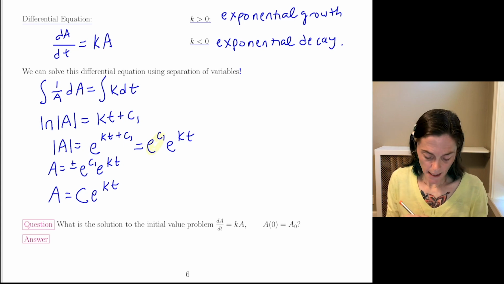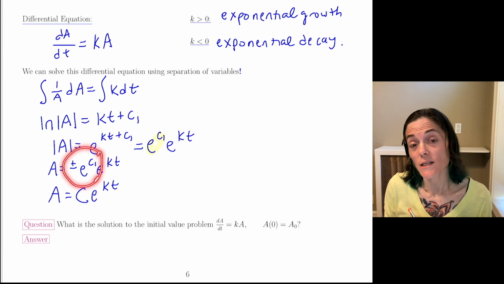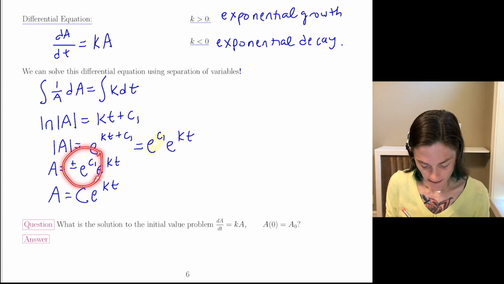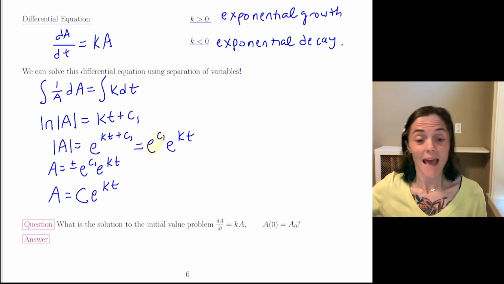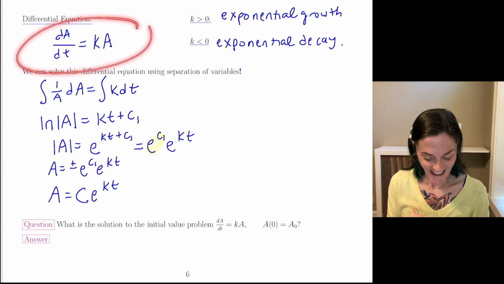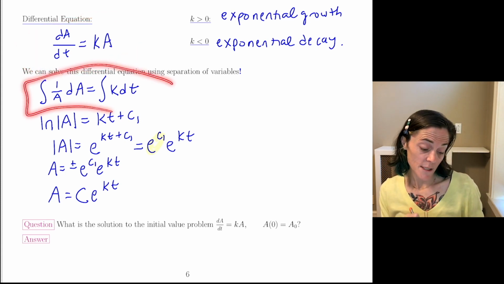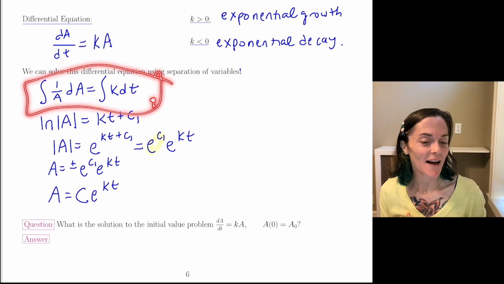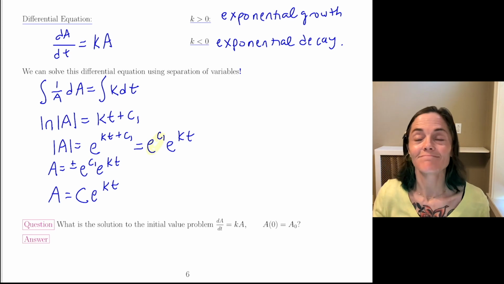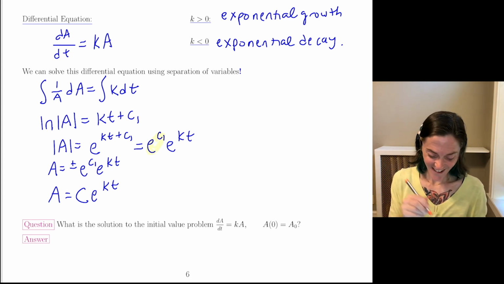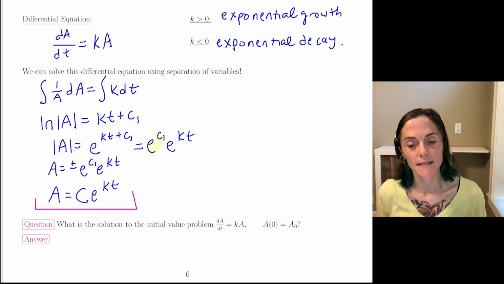Now, technically, staring at this, we could get all possible positive and negative constants in C, but you notice that the constant solution, A equals 0, staring at this differential equation, is also a solution. And in this first step, I assumed A was not 0 to divide by it. So in a way, by putting any constant here, we've recovered this 0 solution. All right, here's my final answer. We have a constant times e to the kt.